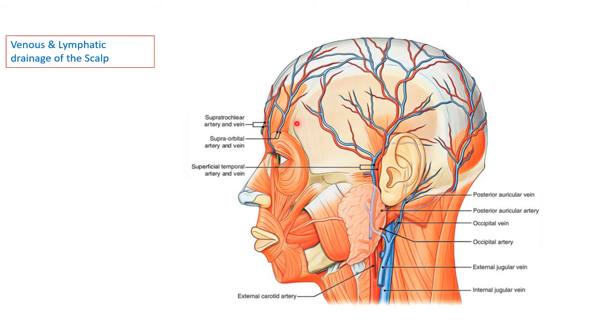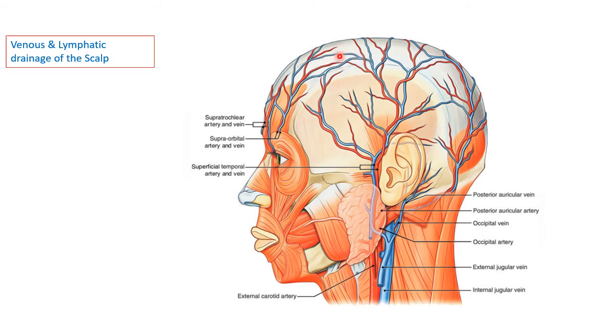On each side of the midline in the region of the scalp, 2 sets of emissary veins are encountered. One is the parietal emissary vein, which passes through the parietal foramen and communicates with the superior sagittal sinus.